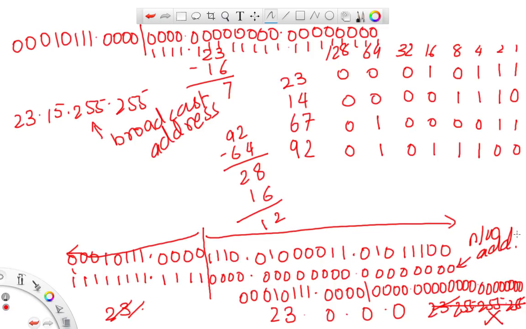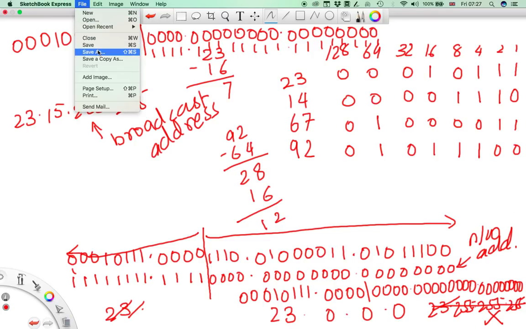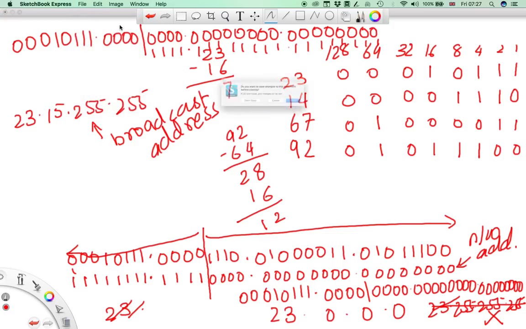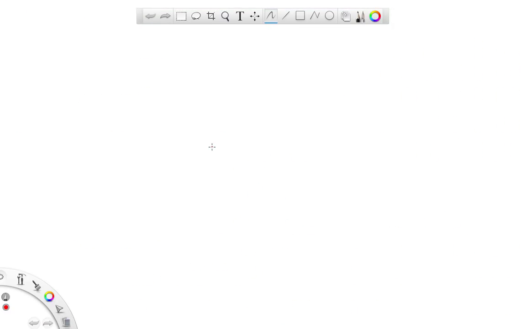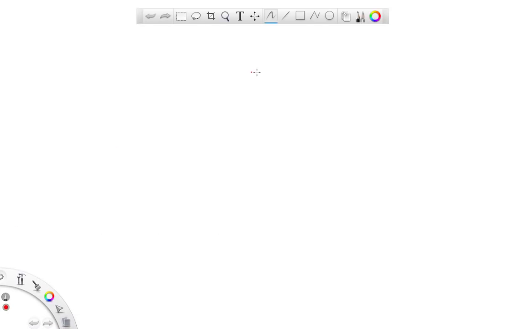Let's take another example so you understand it further. Let's look at this one: 220.8.24.255. Once again, 2, 4, 8, 16, 32, 64, 128.